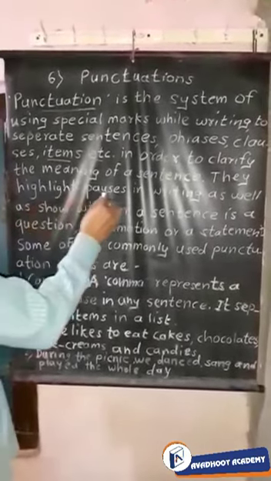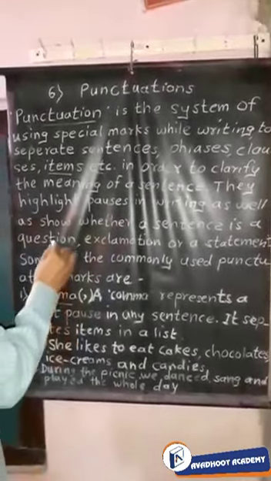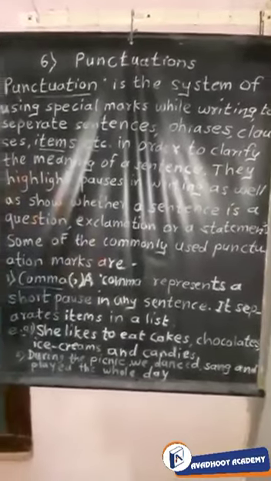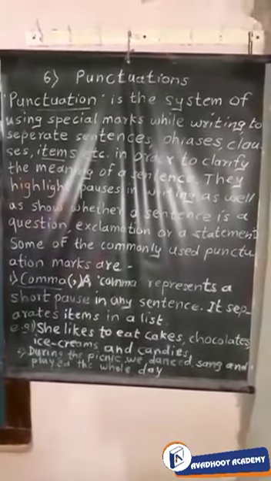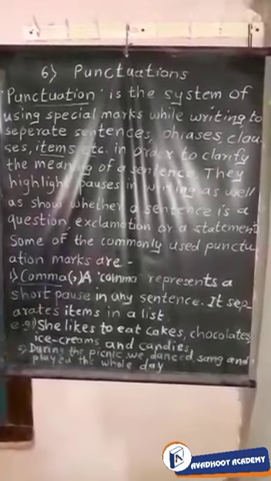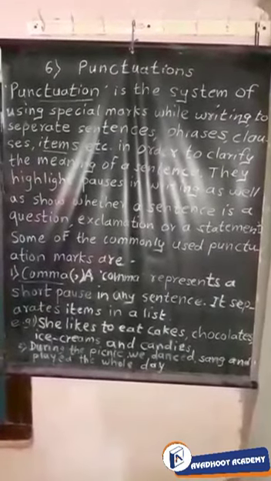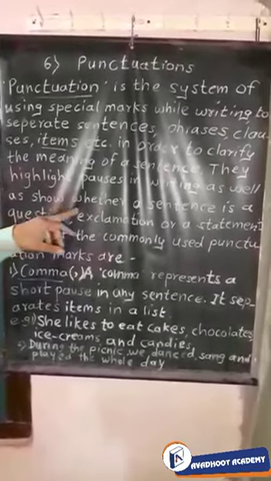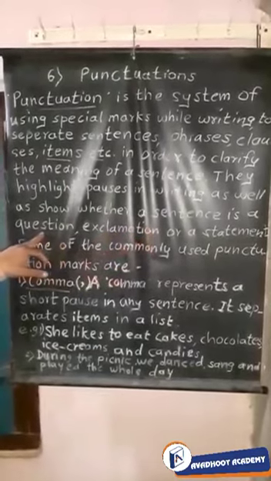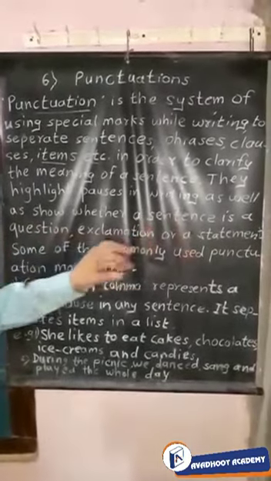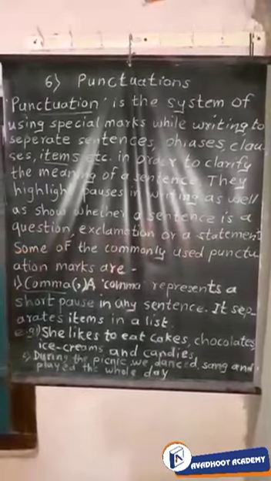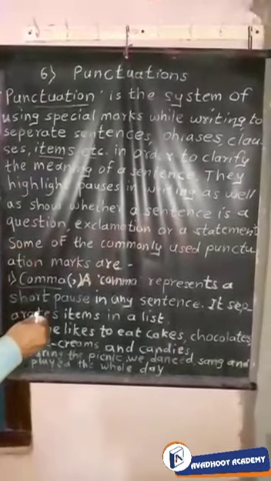They highlight pauses in writing as well as show whether a sentence is a question, an exclamation, or a statement. Some of the commonly used punctuation marks are as follows.